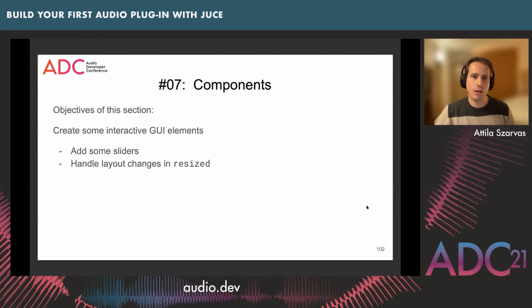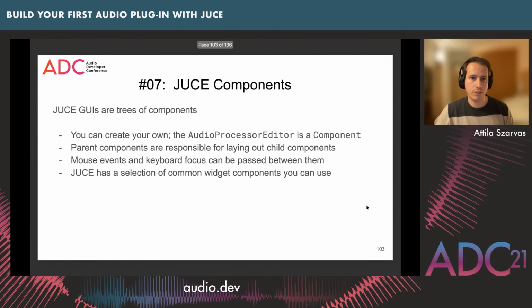So JUCE has a lot of widgets built in, and they are all inheriting from the component class. What's notable is that every user interface is basically a tree of components. It's a hierarchical system. In this case, the root of this hierarchy, the root component, is the audio processor editor itself.